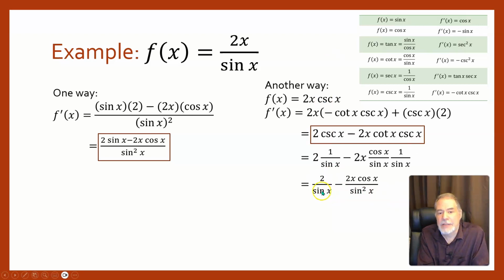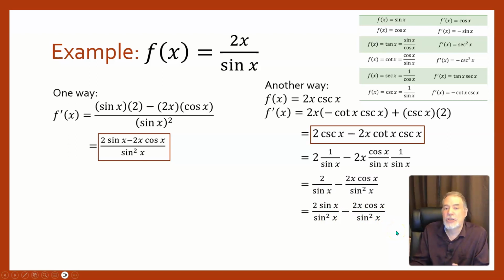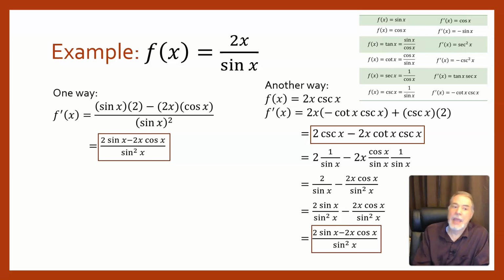And the way to get them to have the same denominator as each other is to take this first fraction and multiply it on top and on the bottom by another factor of sine x, so that it will have a sine squared x down here to match the denominator of the second fraction. So then it becomes 2 sine x over sine squared x minus 2x cosine x over sine squared x. And now that both fractions have the same denominator, we can combine them into 2 sine x minus 2x cosine x all over sine squared x. And that does match what we got when we did it the first way.